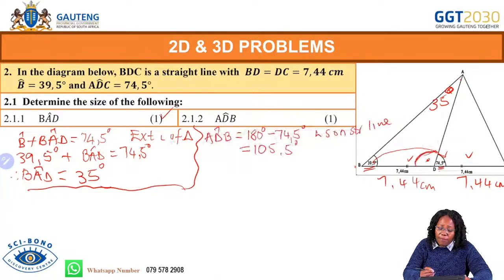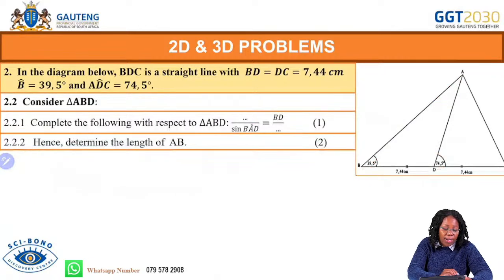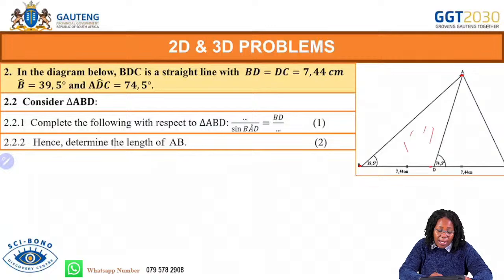Okay, now we have calculated the angles. Let's see how far we can go with the question. Can you see the repetition now? You need to fill in the missing information there. Complete the following with respect to triangle ABD. We are looking at this triangle here.